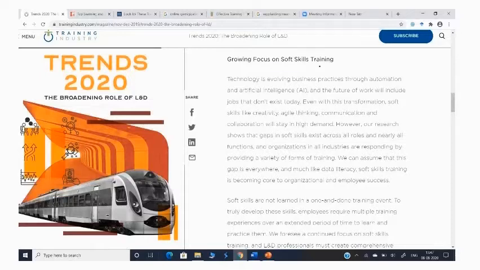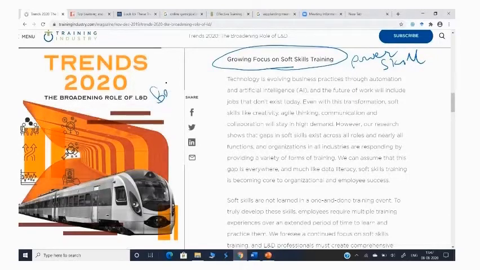Next, let us look at the growing focus on soft skills training. This soft skill training, I will come to in another slide also. This is also called power skills, or this is also known as behavioral skills, right? So more focus is on behavioral skills. Why? The reason is artificial intelligence.